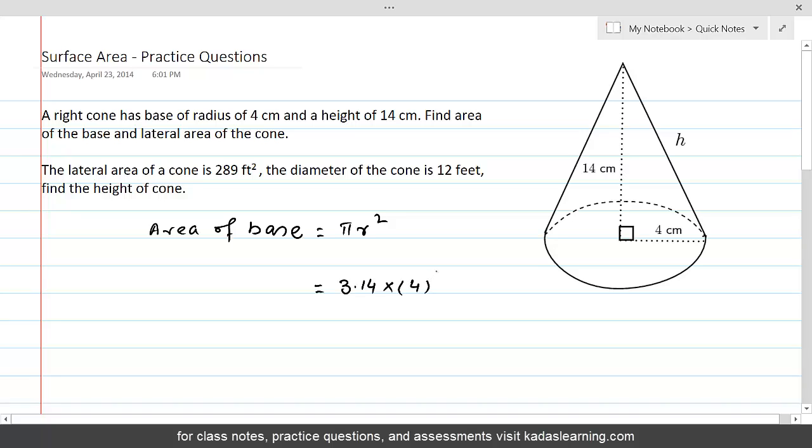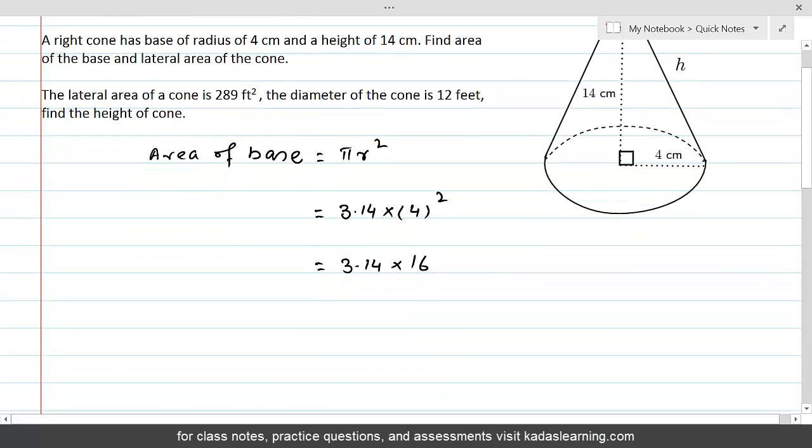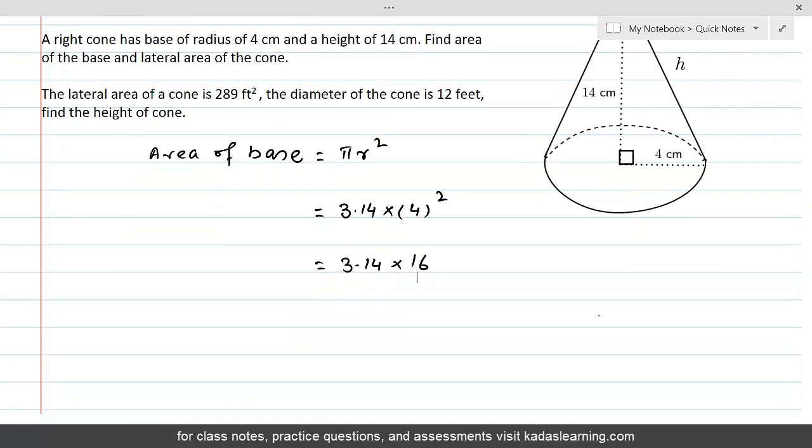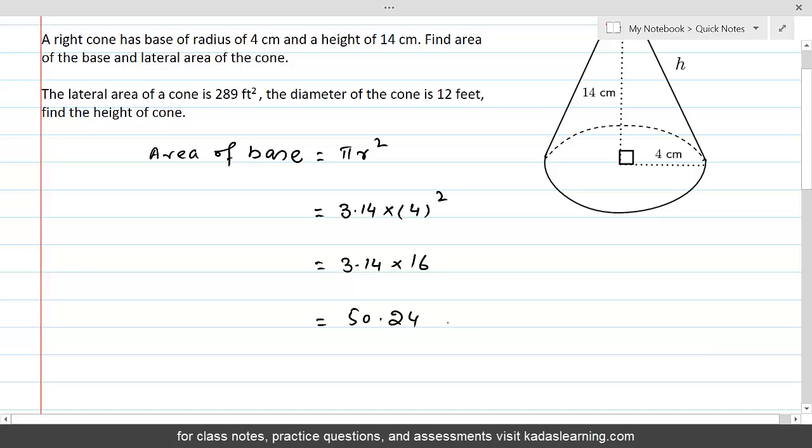So this will be 4 square, and 3.14 times 16 is going to give us 50.24 square centimeter as the area of the base. So this is 50.24 square centimeter for the area of the base.